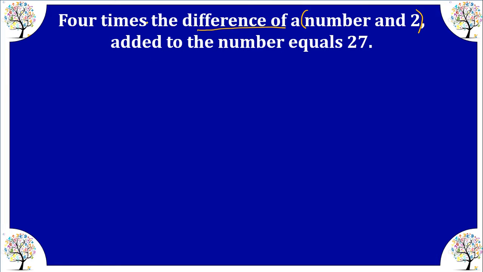So we have 4 times the difference of a number and 2 is added to the number. This added to is a flip-flop, so we're going to put X for this unknown number, and then plus for the added to: 4 times the difference of some number and 2, plus x, equals 27.